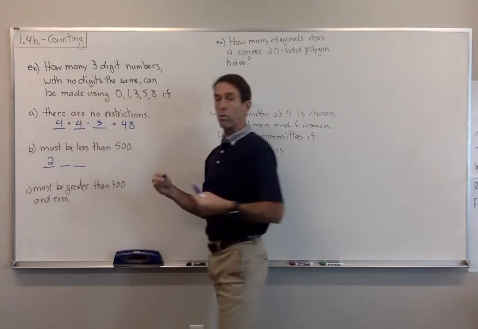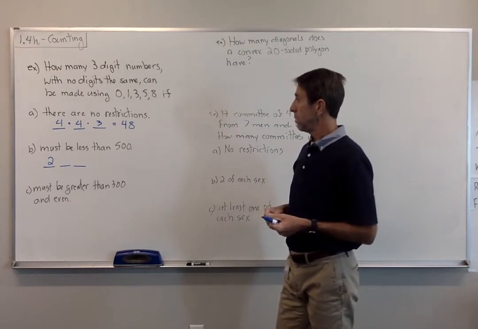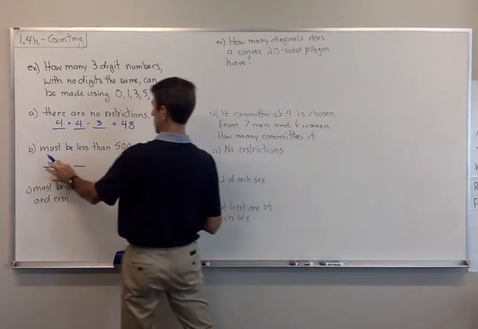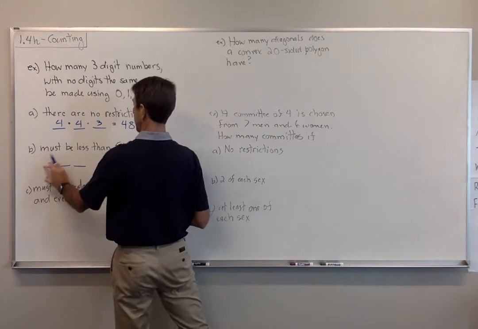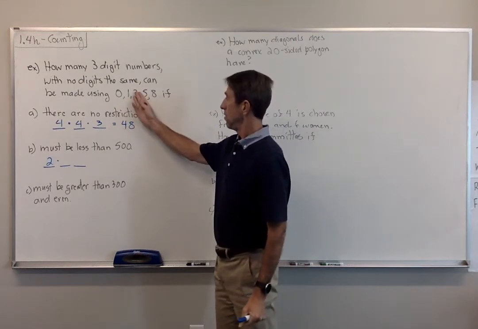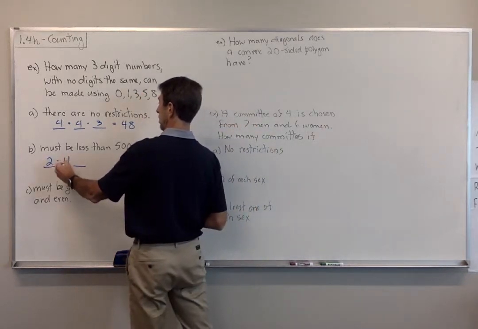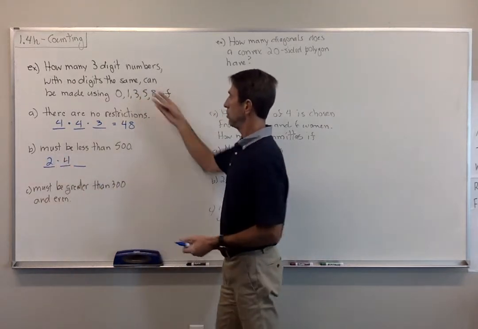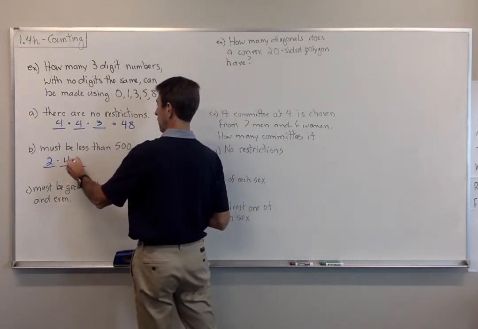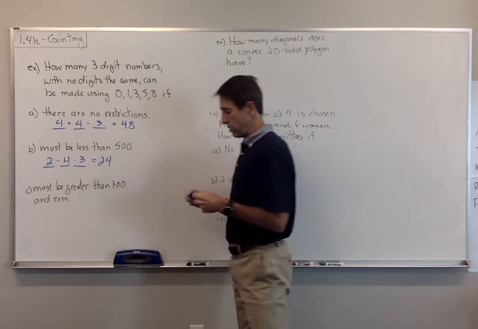Of course, it'd be a 1 or a 3. Once I've chosen one of these, then there are 4 numbers that I could use, and it would still be less than 500. And then once I've chosen 2, there are going to be 3. And there would be 24 different numbers less than 500.